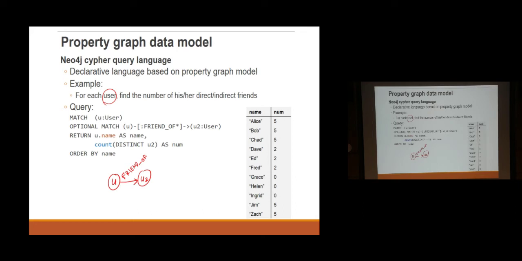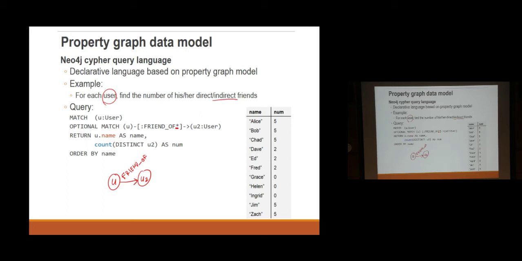The problem will be if you want to find indirect friends. As a notation, this star means zero or more. Fortunately for us, you cannot be a friend of yourself, so there will be no 1. But there can be 0.